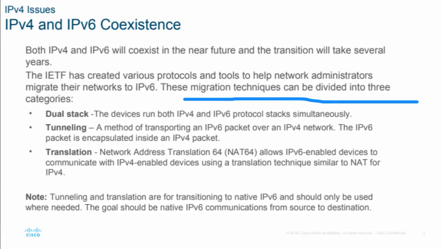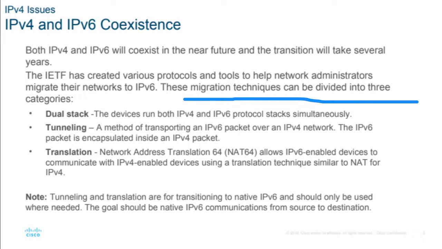The second category is, so we have dual stack, both running simultaneously. Then we have tunneling. It's a method of transporting an IP version 6 packet over an IP version 4 network. So I have an IP version 4 network and I want to transport IP version 6 inside that network. I do tunneling. The IP version 6 packet is encapsulated inside the IP version 4 packet. The third one is translation.